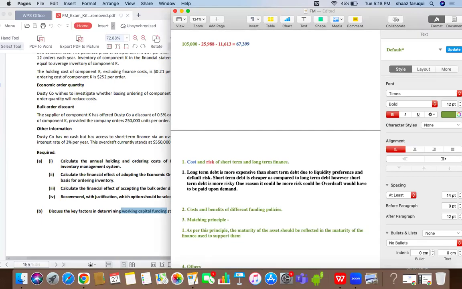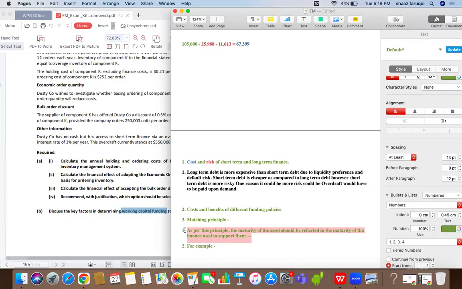As I said, after you've just elaborated on that point briefly, the examiner does not understand this. You need to give an example after that. For example, don't just leave it at what it is, because the examiner doesn't know. He wants to know from you, what do you mean by that?